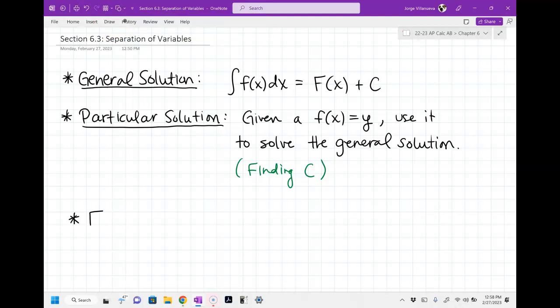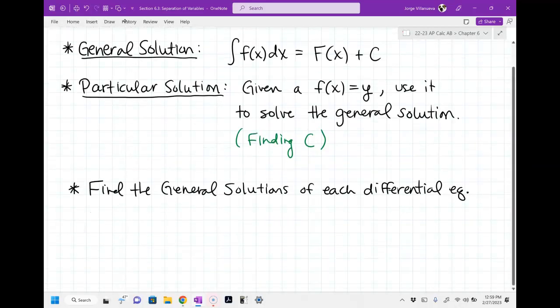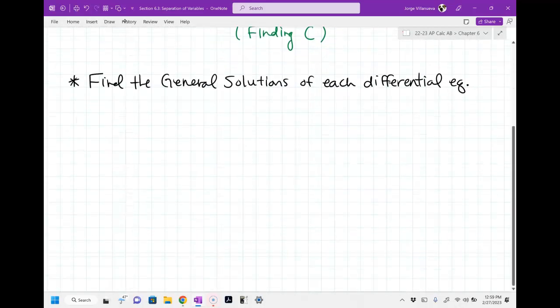So for this, we're going to find the general solutions of each differential equation.